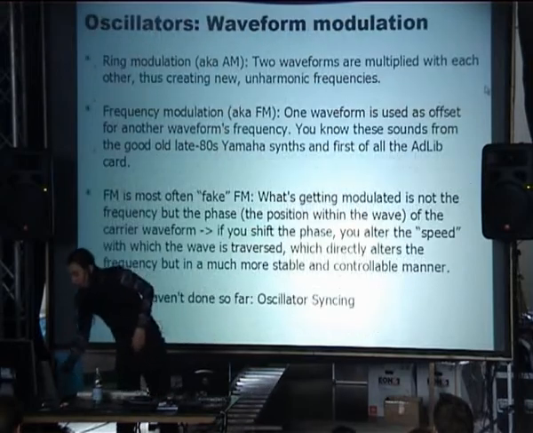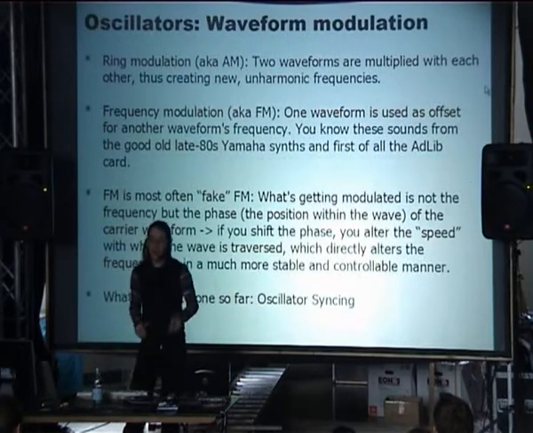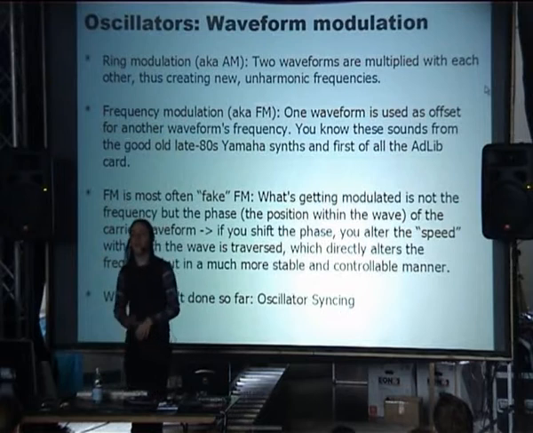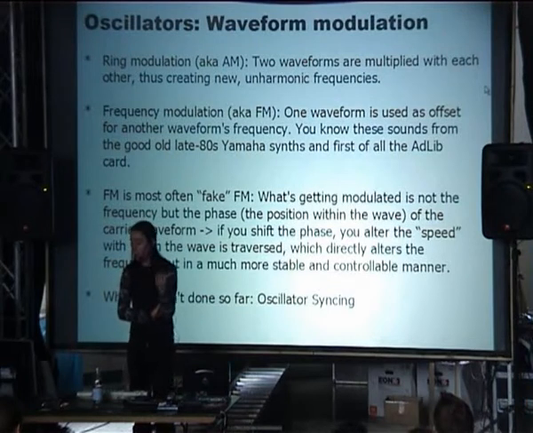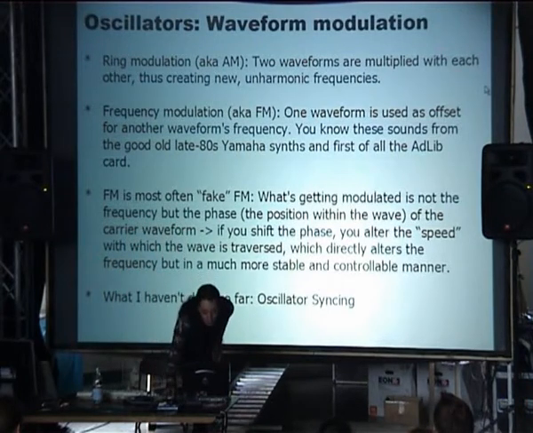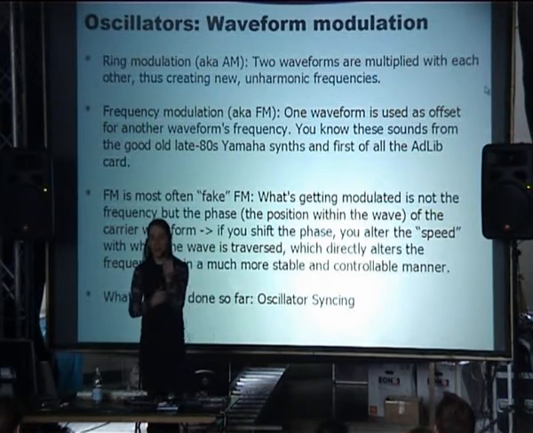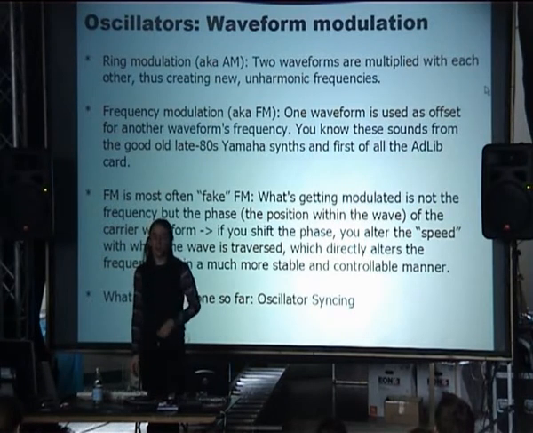So then oscillators, if we got multiple oscillators anyway, we can modulate them with each other. There are a few methods of modulating. For example, amplitude modulation. Amplitude modulation or ring modulation means that we simply multiply two waves with each other, which gives strange effects because if you know maths, you know the addition theorems.